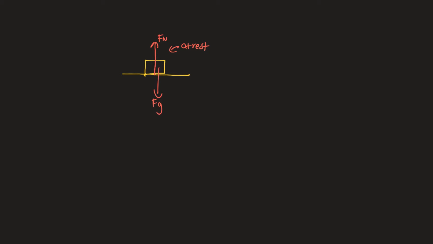When you say that this object is at rest, it means that your normal force equals your gravitational force, which means that they have the same magnitude but different direction. One is upward, one is downward.